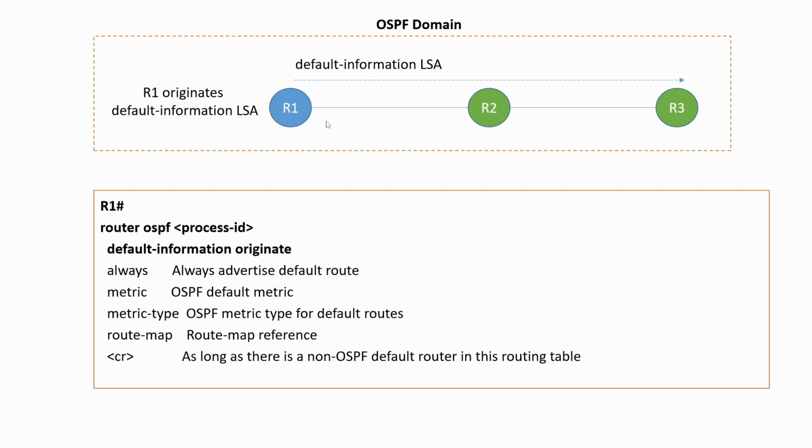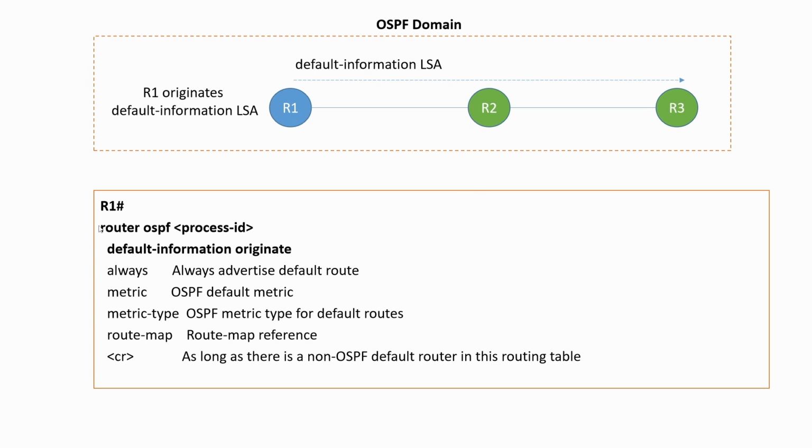Then R1 will generate a default information LSA and propagate it to the rest of the OSPF devices in the OSPF domain. In turn, the rest of the devices like R2 and R3 will have default routes pointing to R1. So R2 and R3 are able to send traffic to the outside world via R1.